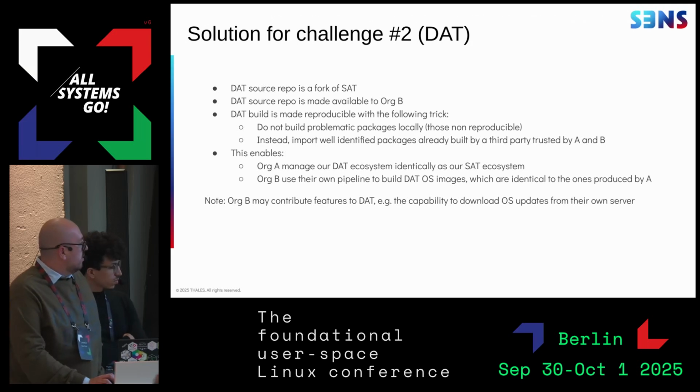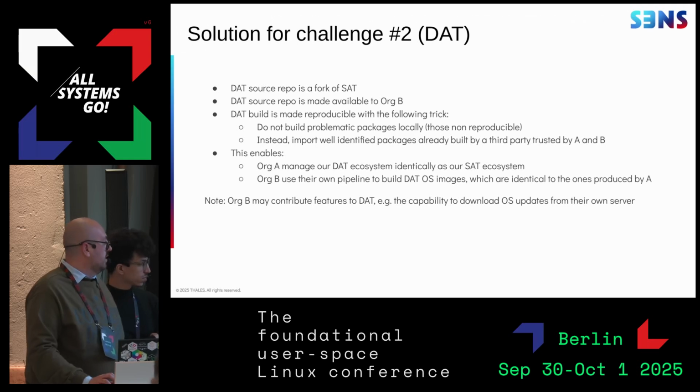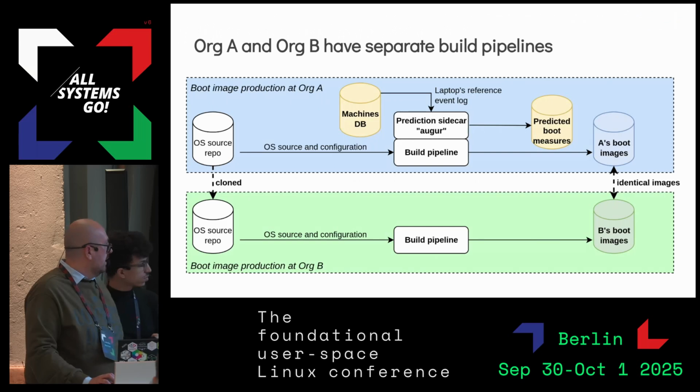This enables org A to manage that ecosystem, but also the dual admin terminal OS image with org B, and org B may contribute features to the dual admin terminal and download OS updates from their own servers.